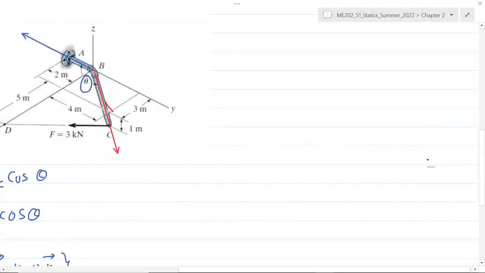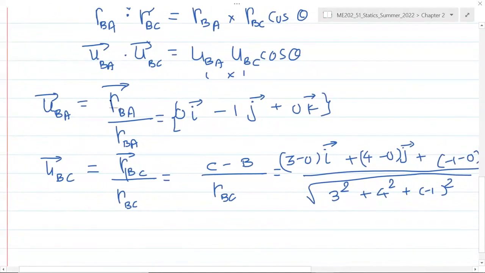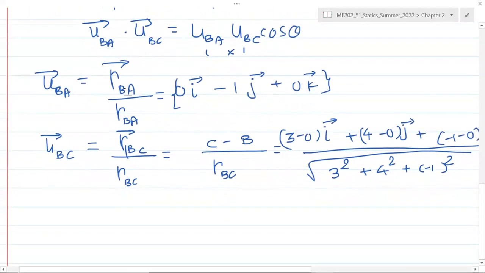So it's time to substitute both of these vectors into this equation and calculate the dot product of them.